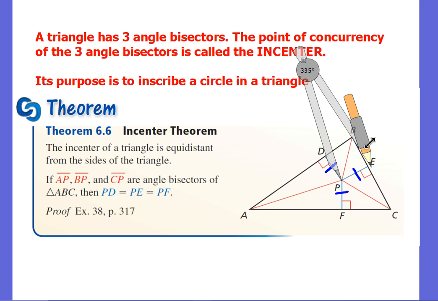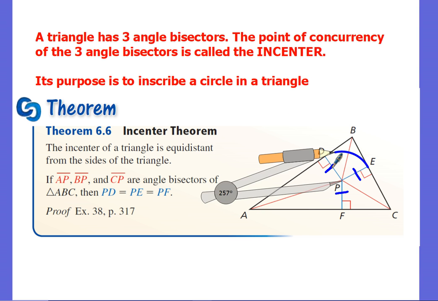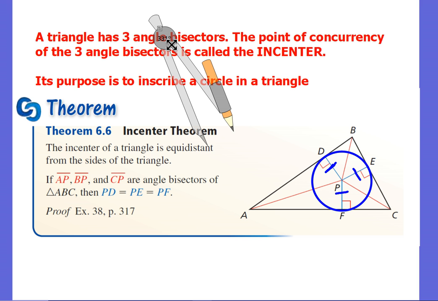Since each of these blue lines, PE and so forth, are congruent to each other, that means they are equidistant to the sides. If I take the distance from that incenter to one of the sides, I can inscribe a circle perfectly in that triangle. And that's really the purpose of the incenter, to find out where it is.